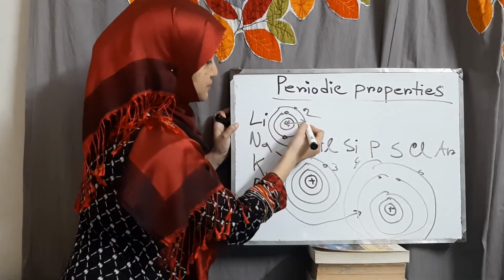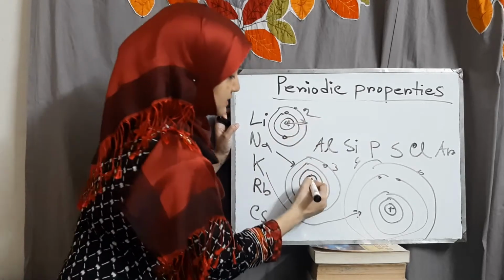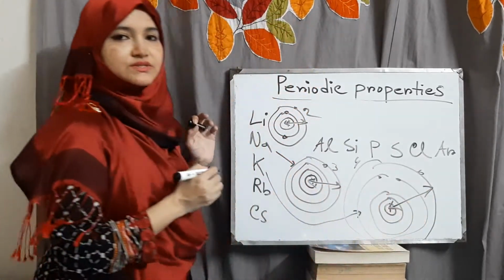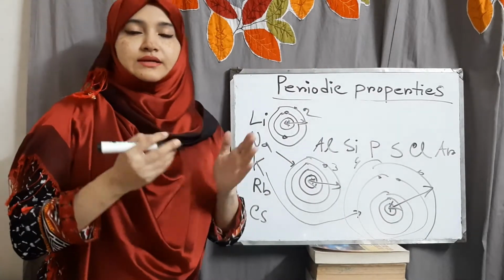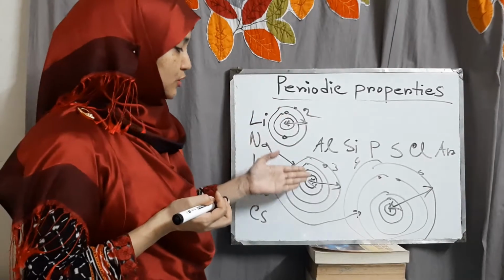The distance between the center of the nucleus and the outermost shell increases gradually. And in that case, the proton number also increases.